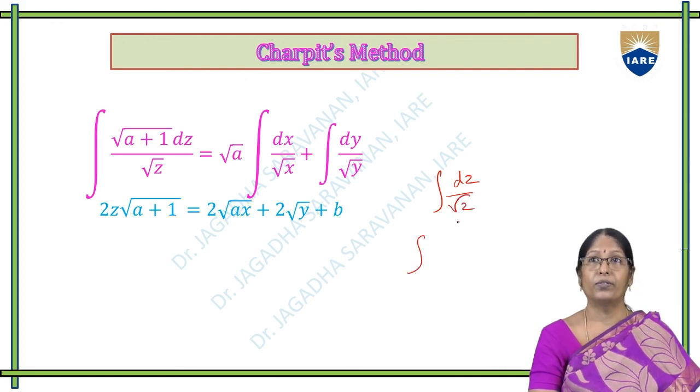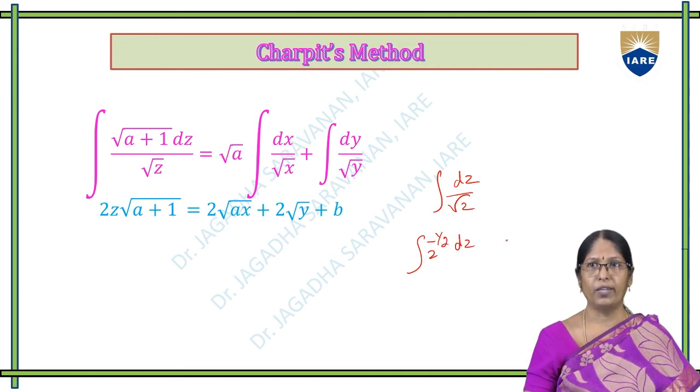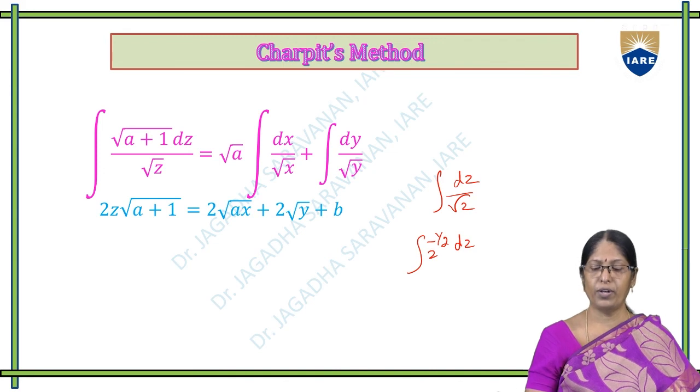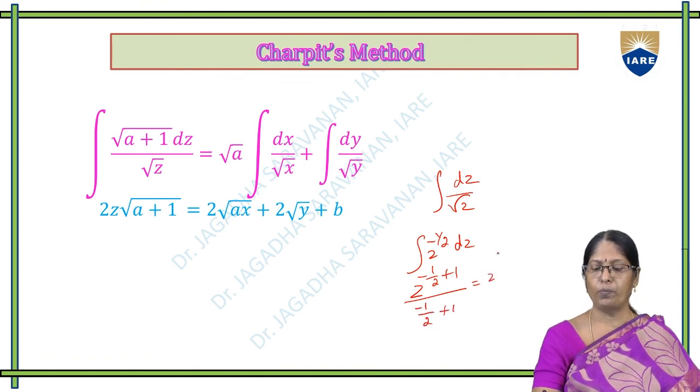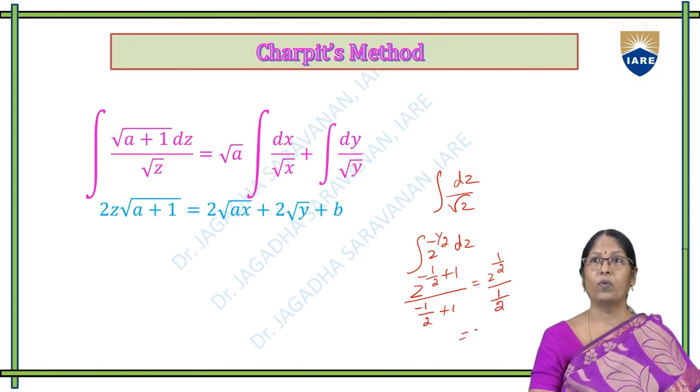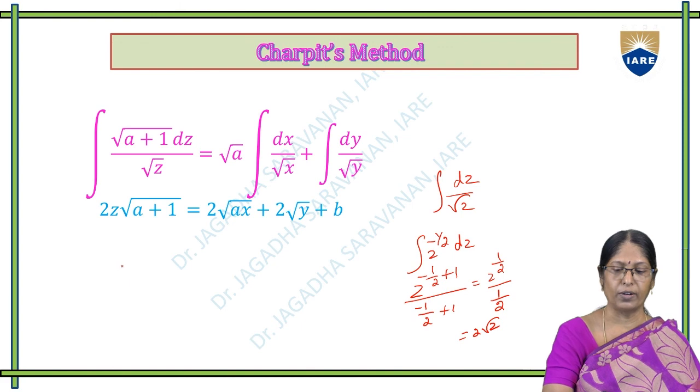That root z we can write by bringing it to the top as z power minus 1 by 2 dz. We know the formula: z power minus 1 by 2 plus 1, divided by minus 1 by 2 plus 1, equal to z power 1 by 2 divided by 1 by 2, equal to 2 into root z. That's what is written here.